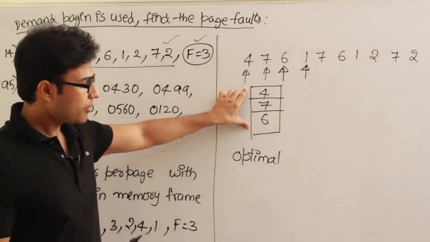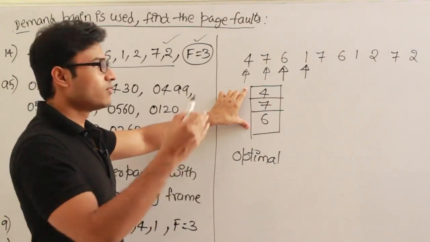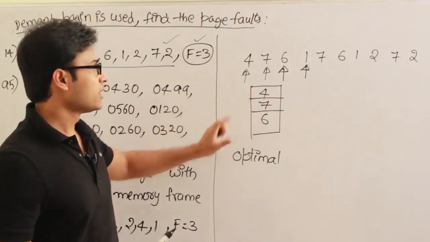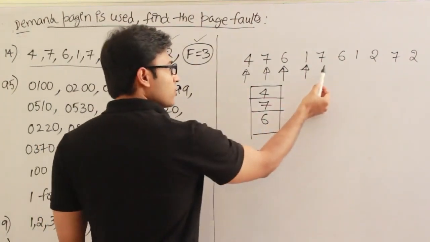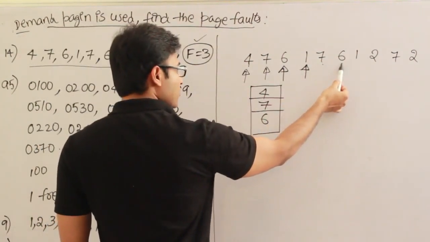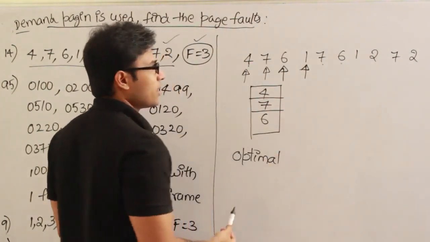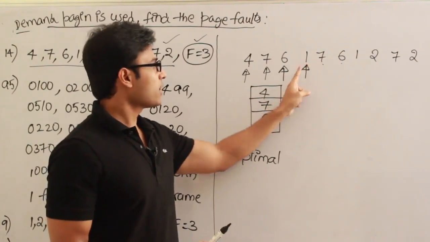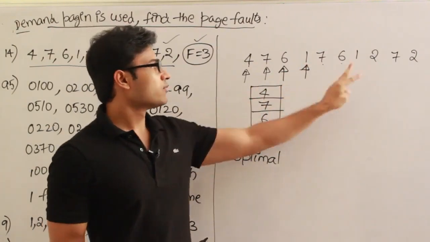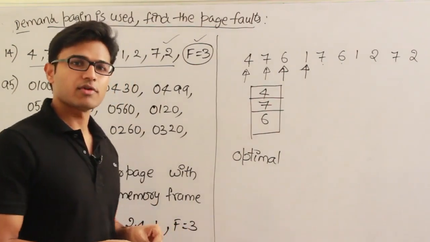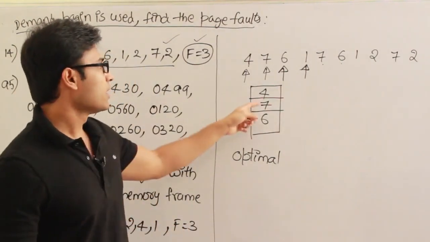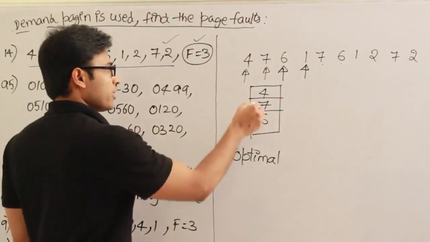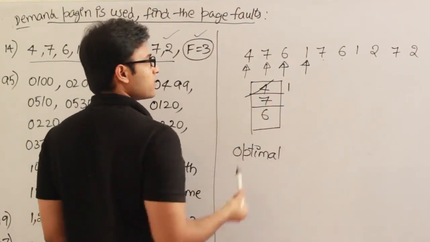Optimal says you look into the future, and whichever is not used for the longest time, you replace it. In the future, 7 is going to be referred immediately, then 6, but 4 is never referred. Therefore you can replace 4. Simple, right? So you replace 4 with 1.